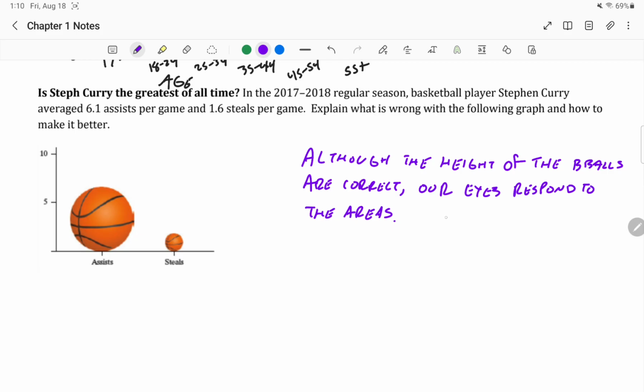Let's see here. That's right. Curry averaged about 3 to 4 times more assists than steals.